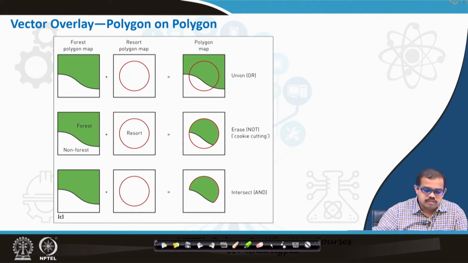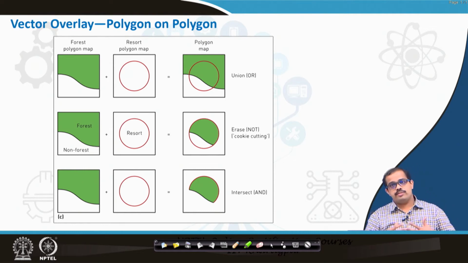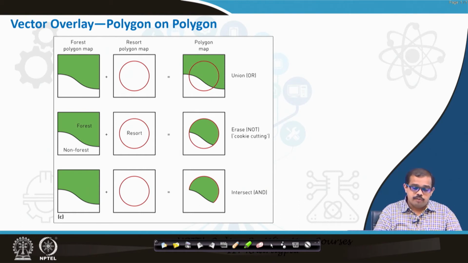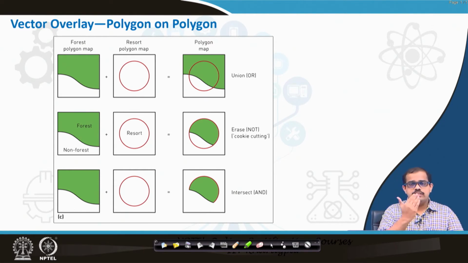In the third map, if you see, there is again a forest and non-forest. Now, I am doing an intersection, which means the AND operator. So, it is intersecting both of these maps. When I intersect, it gives me the exact area where the forest is. I have just a forest map, I do not have a non-forest map. Once I intersect, the non-forest area is completely removed and I get only the forested area.